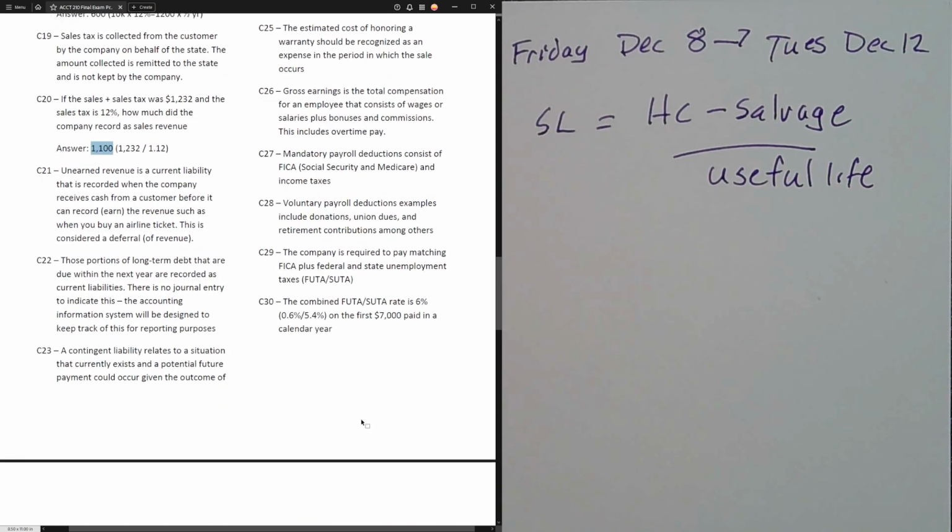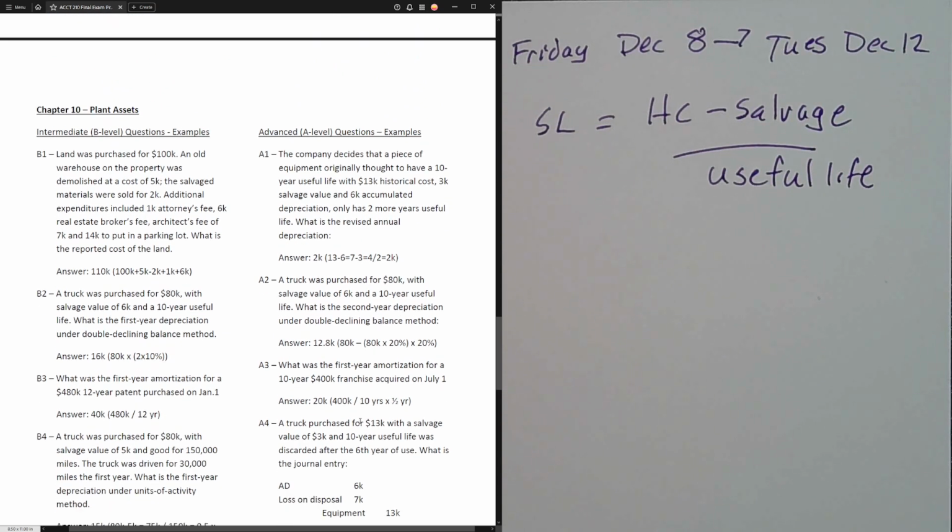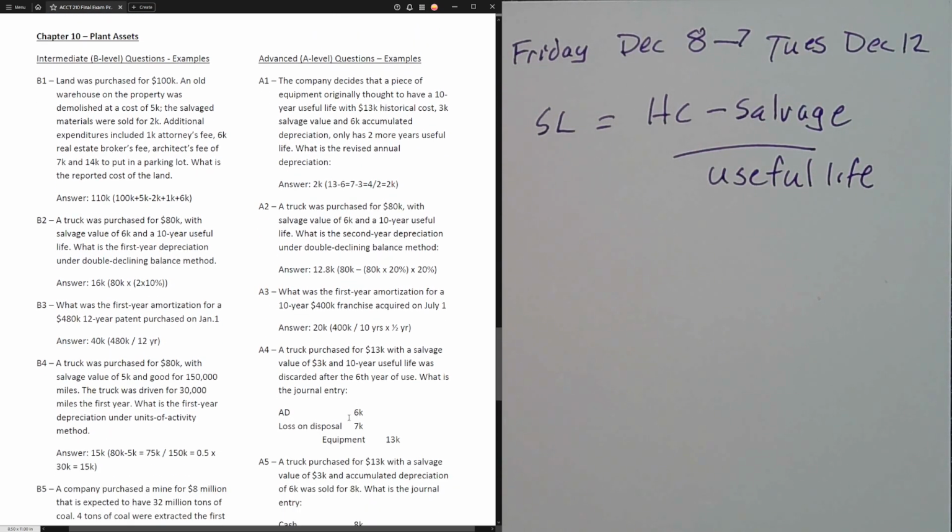Okay, let's take a look at the B and the A level in plant assets. Some of these are matched up, some of them are not, but let's take a look. On B1, land was purchased for $100,000, an old warehouse. This question is about what costs get capitalized into land or assets in general.